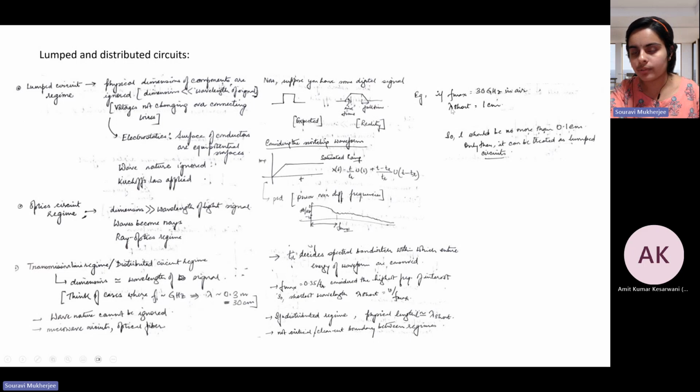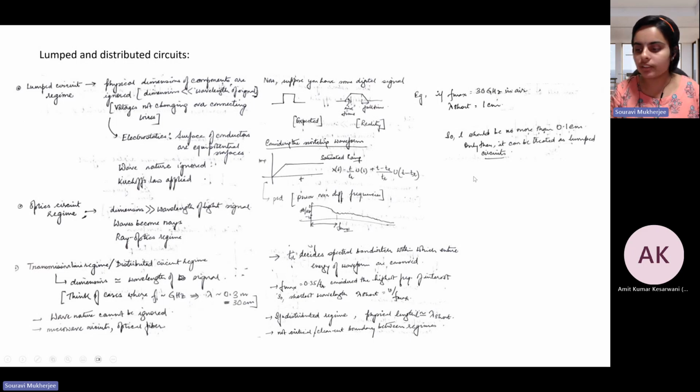That corresponds to a shortest wavelength of 1 centimeter. If your L, the length or dimensions of your components, is more than 0.1 centimeter or in that range, then we have to consider it as a distributed system. If it is less than that, then you can treat it as a lumped circuit.